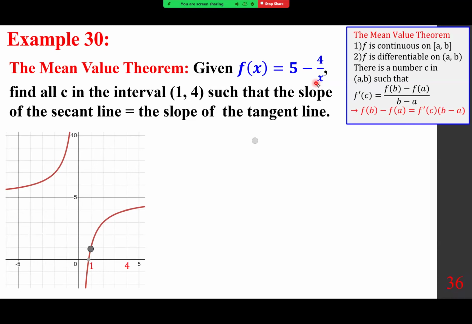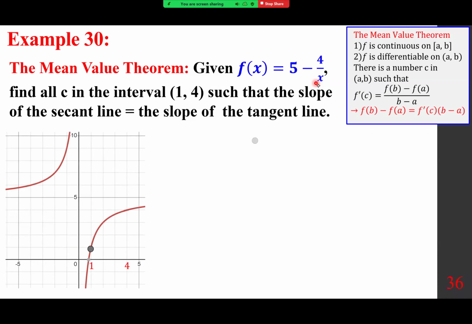And the idea is that if you connect those two, because it's continuous, then somewhere in between we have a tangent line. This is a secant line that is parallel to that. That's the idea. And this one has an x coordinate, which we don't know, we are looking to find. That's the idea behind the mean value theorem.